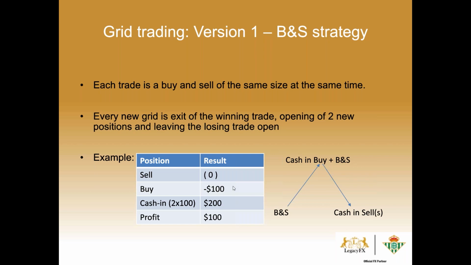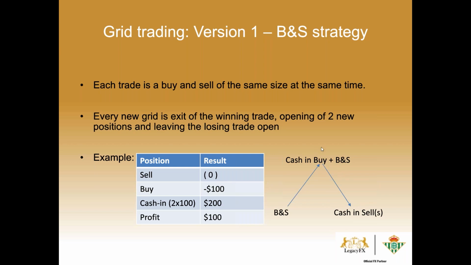This is where you can understand it becomes kind of like that social media, social trading, high win rate nonsense. Position, sell, obviously I have 0 profit on sell. There's one with a profit of 100, there's one with a loss of 100. Or 0 and 100, basically, right? So they negate each other.